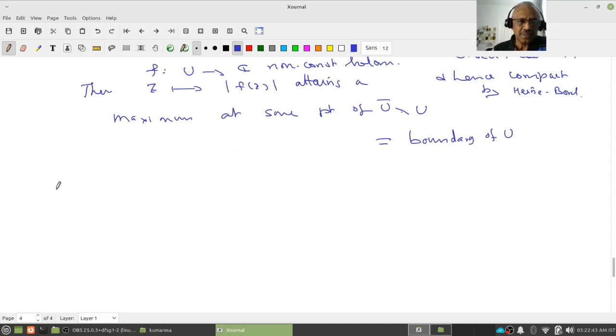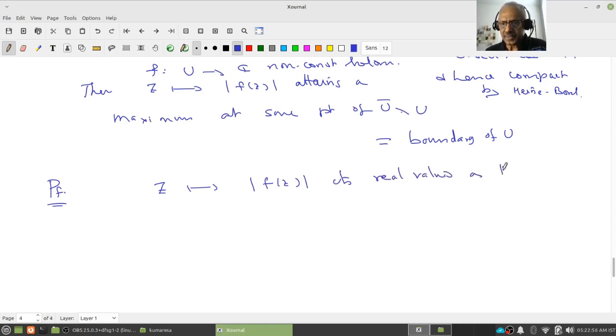I already explained the proof. z going to mod f(z) is a continuous real valued function on the compact set U closure. Therefore, there exists z naught in U closure so that modulus f(z) is less than or equal to modulus f(z naught).